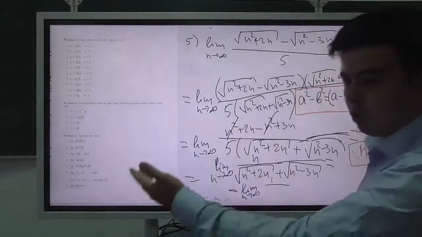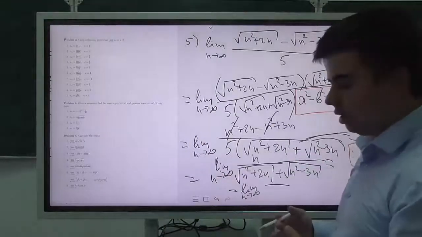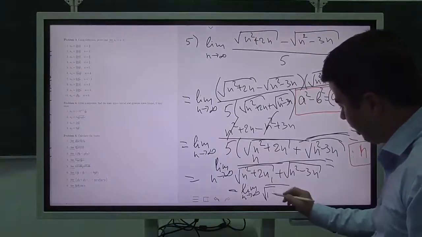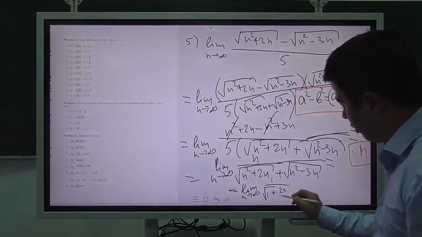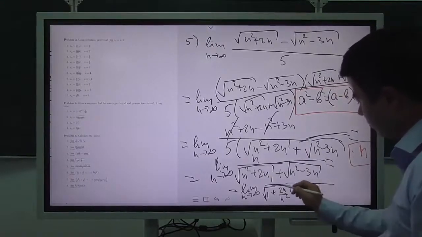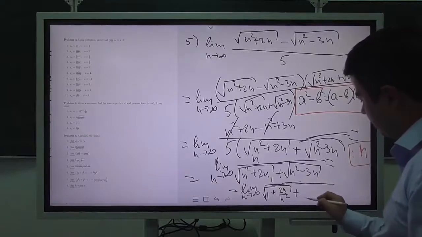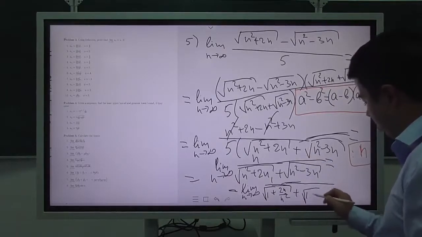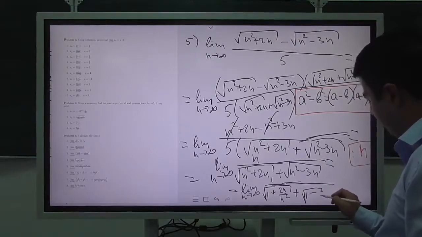Inside the square root it will be n squared. So square root of 1 plus 2n over n squared, plus the same, square root of 1 minus 3n over n squared.